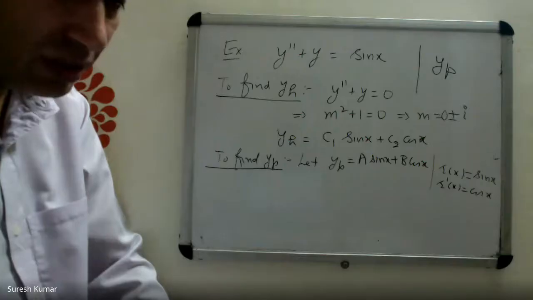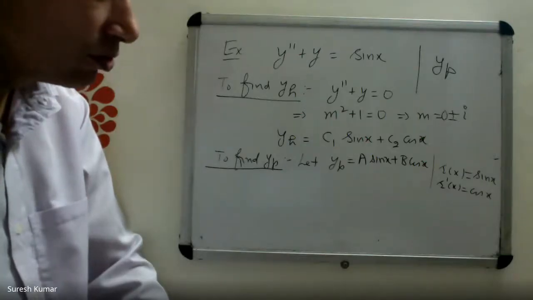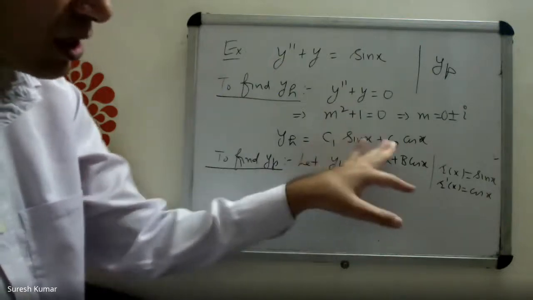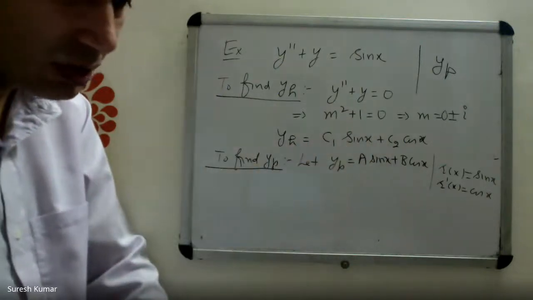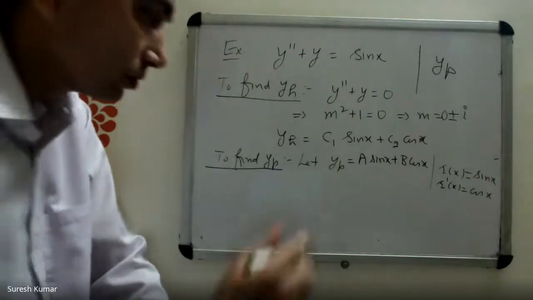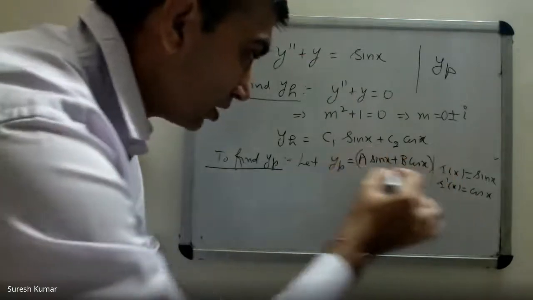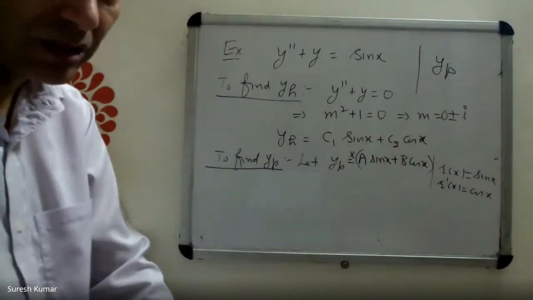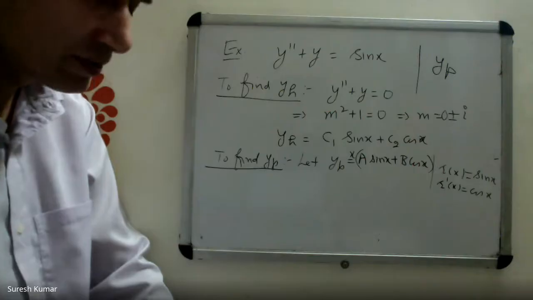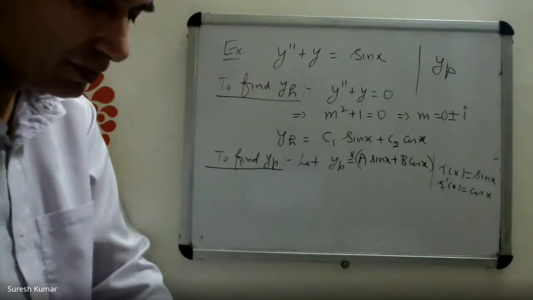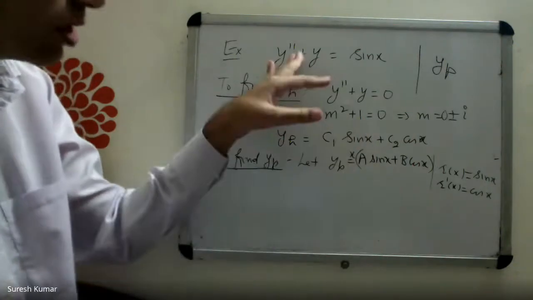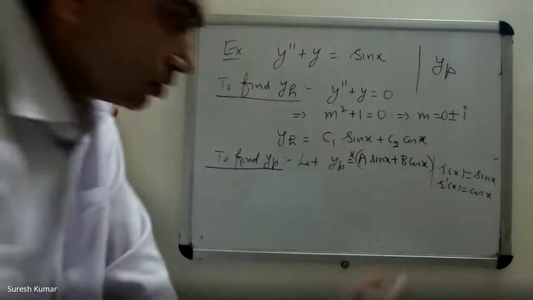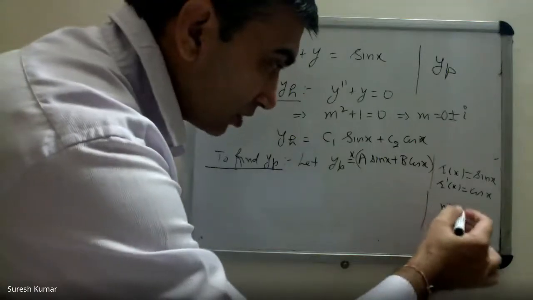So how to deal with this kind of problem, where the assumed particular solution is a particular case of the corresponding homogeneous equation solution? Multiply your yp by x. Revise your yp, multiply it by x. You remember when the roots were repeating, what you did there?